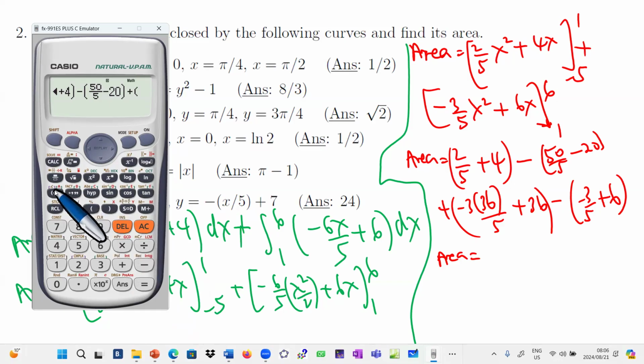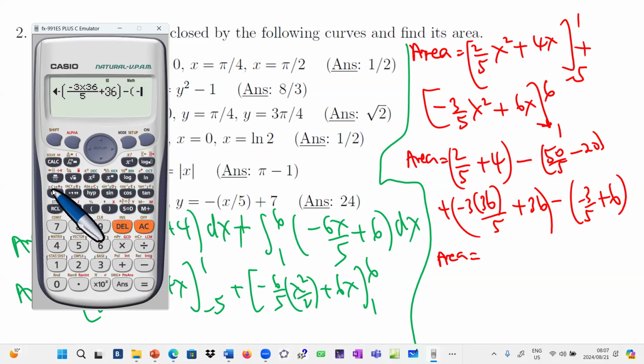Okay, then you have minus 3 times 36. You divide by 5. You add a 36. You close the bracket. You subtract. You open the bracket.